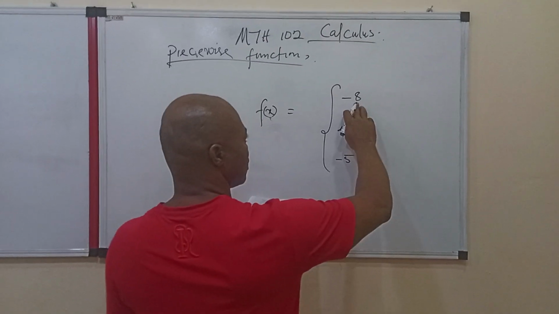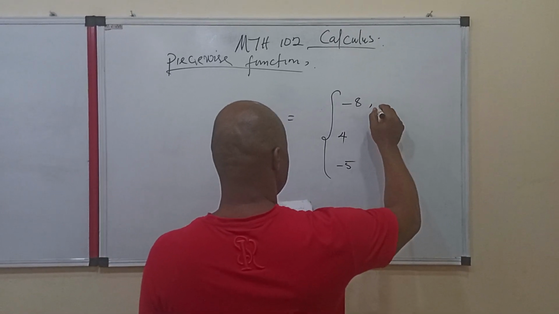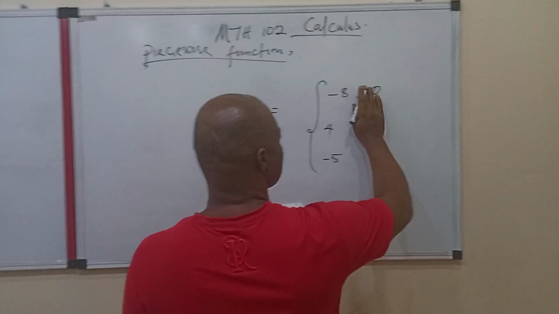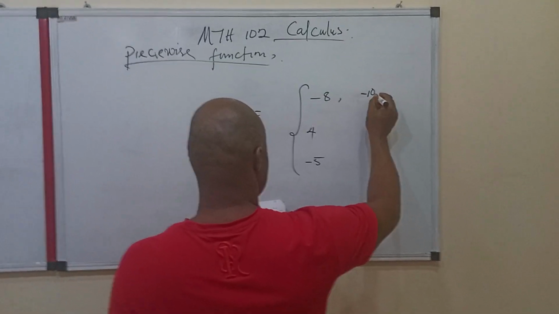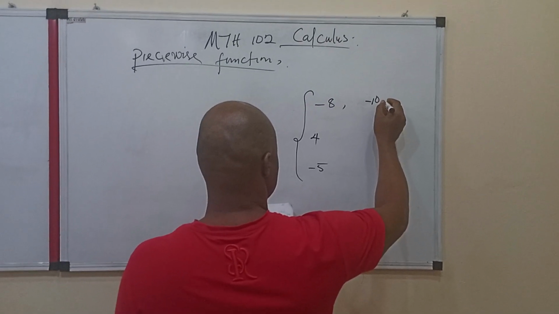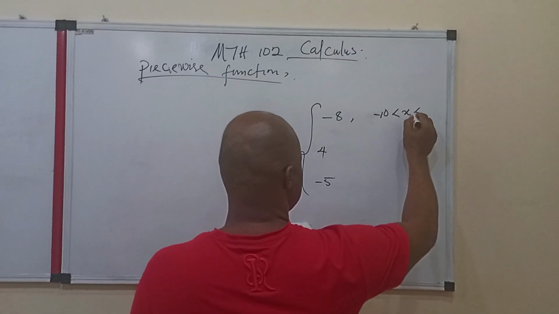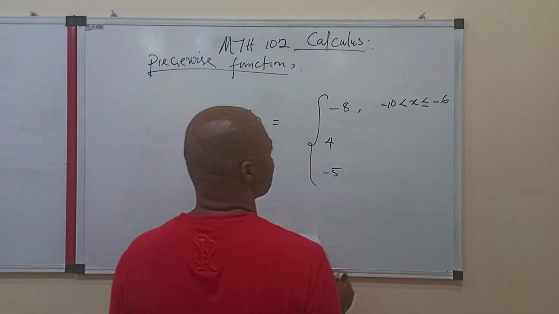This one are the function dem, 8, 4, and 5. But for this one, im get domain where x dey take value -10 less than x less than or equal to -6.